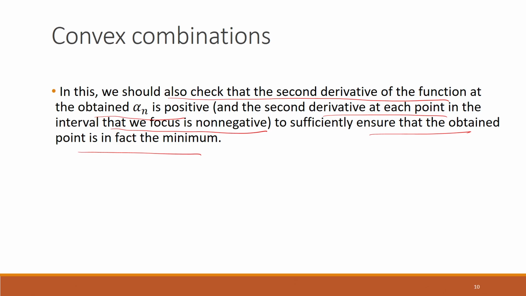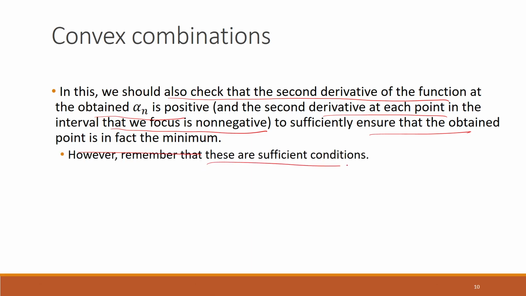If you recall, these were some sufficiency conditions to ensure that if you find a stationary point, then it is in fact the minimum point. But these are sufficiency conditions, so if these are not holding, then it does not imply that the point may not be minimum. But if these happen to be true, then you are definitely sure that it is the minimum point. So that is what it is saying, these are sufficiency conditions.